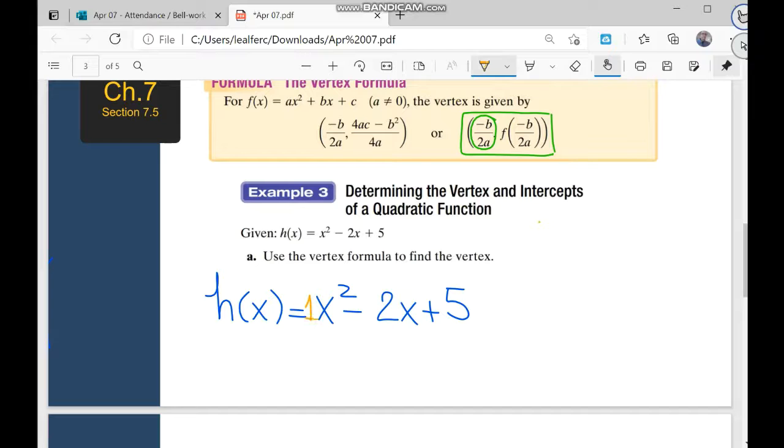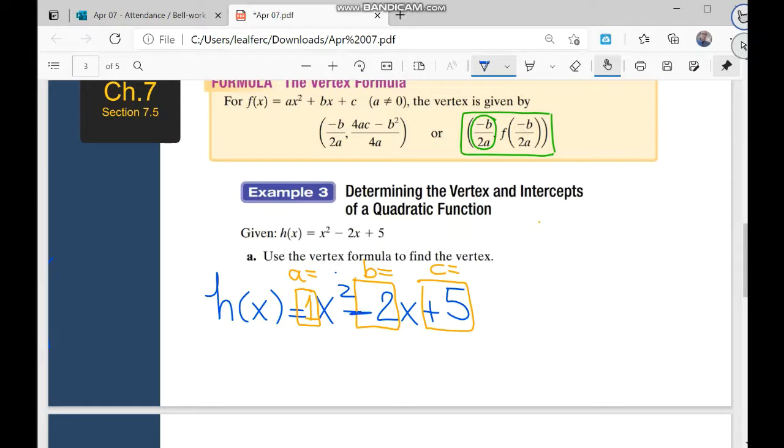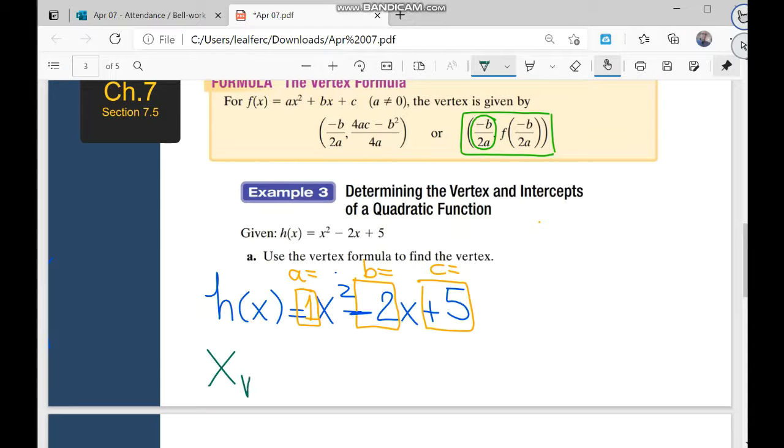A equals 1, right? So a is 1. B is negative 2. And c is positive 5. Now we can apply the formula. X of the vertex equals negative b over 2a.